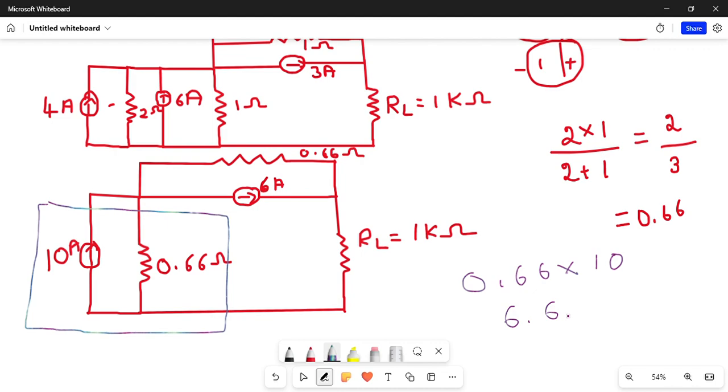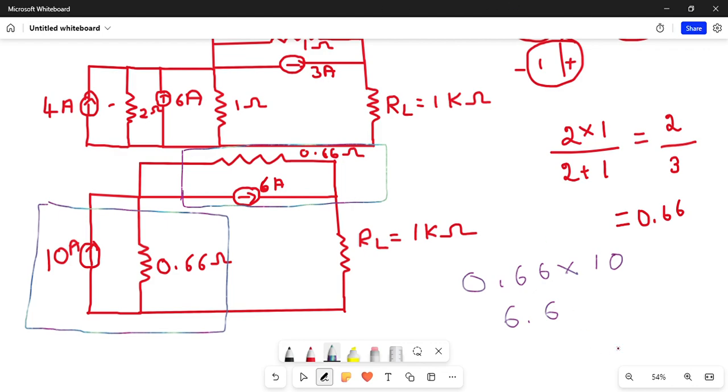Once again, if I consider this particular part, you have V is equal to I into R. So what is 0.66 into 6? You're going to get 3.96 in series with 0.66.